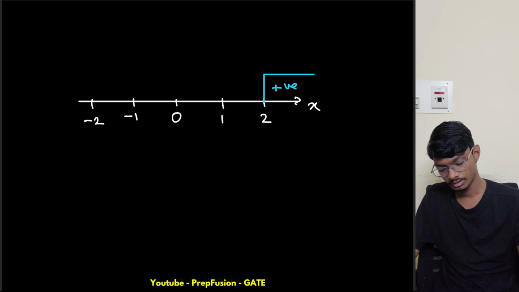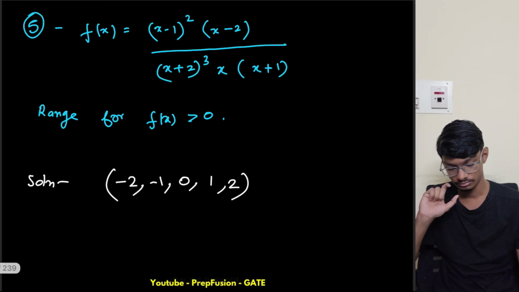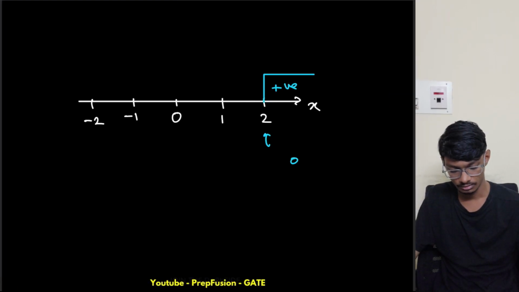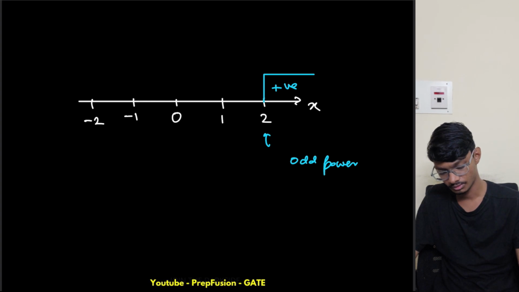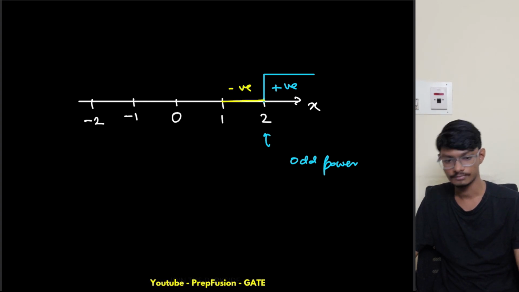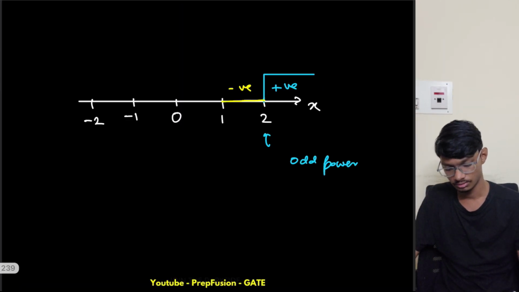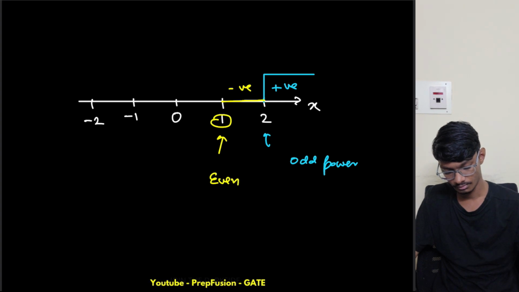But at 2 we have odd power only, so the sign will change. Now 1 has even power, so the sign won't change.